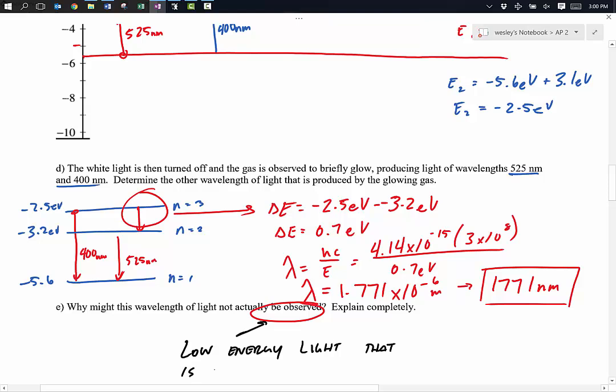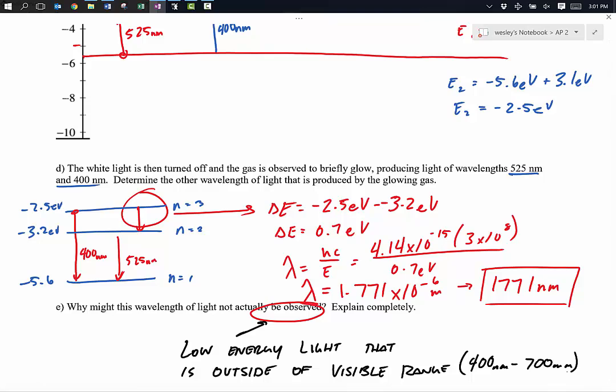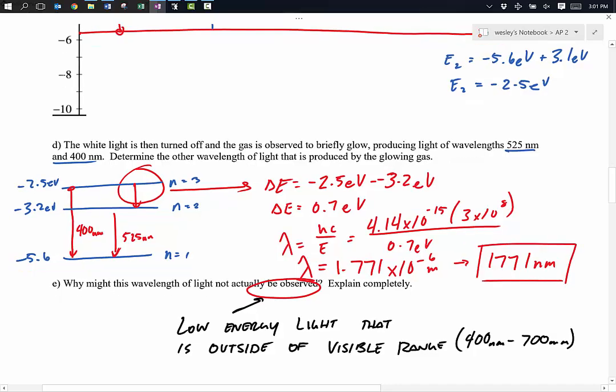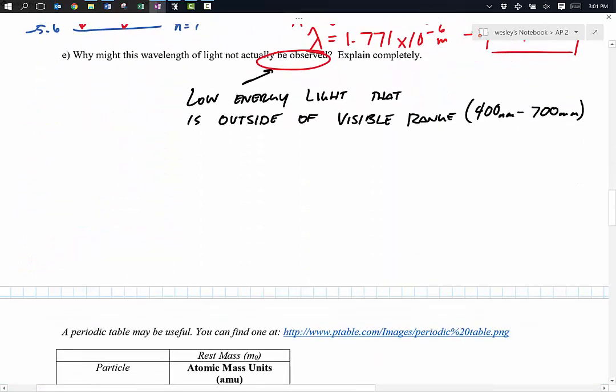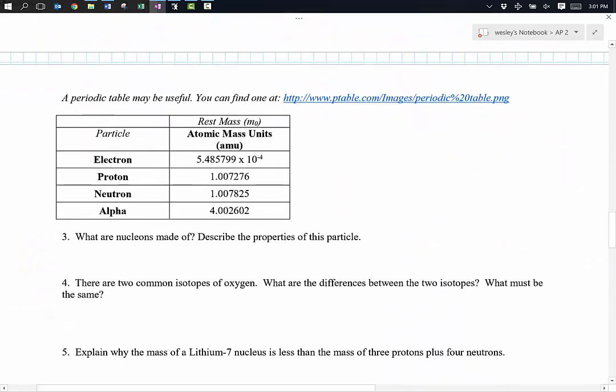That is outside of the visible range, visible range being from 400 nanometers to 700 nanometers. So this is beyond red light, which means if it's outside of the visible range, we may not be able to see it. We need a sensor that can get that kind of light. All right. Electron absorption and all that good stuff.